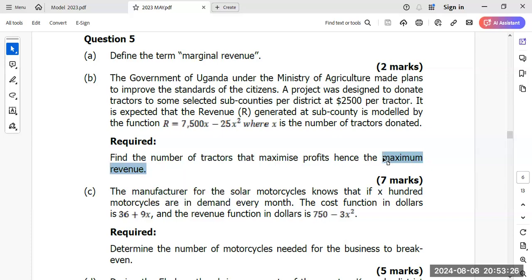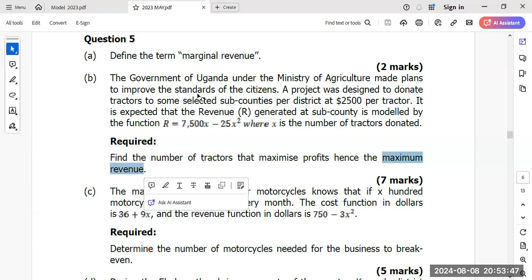But we also have this word, hence the maximum revenue. This is not maximum profit. You see, when you're in an exam, you can even forget and think that this is maximum profit. This is maximum revenue. So how are you going to get maximum revenue?